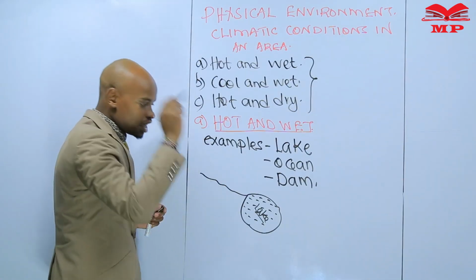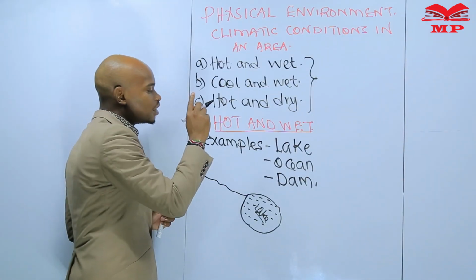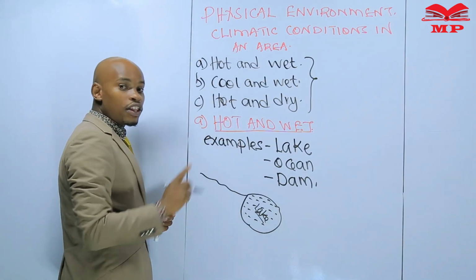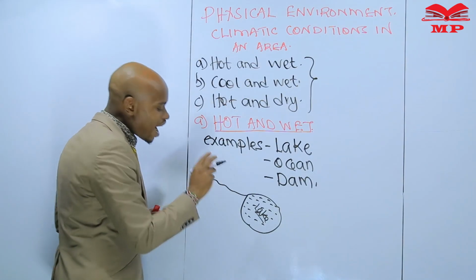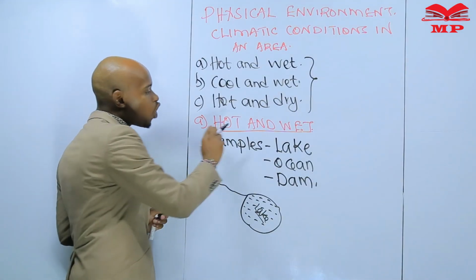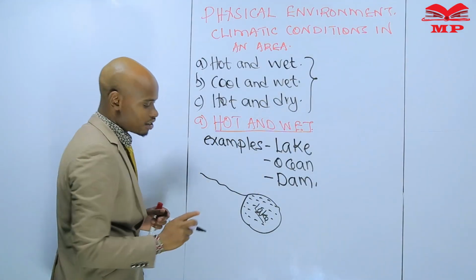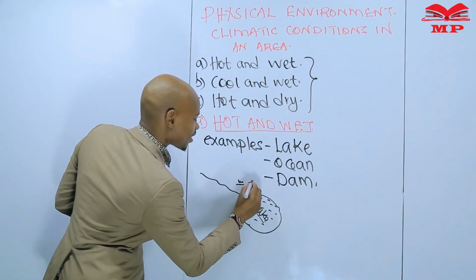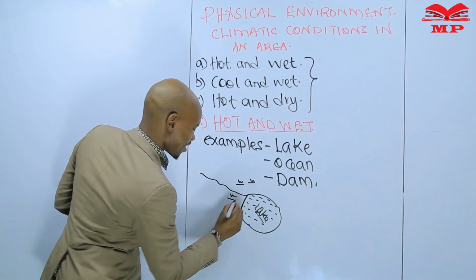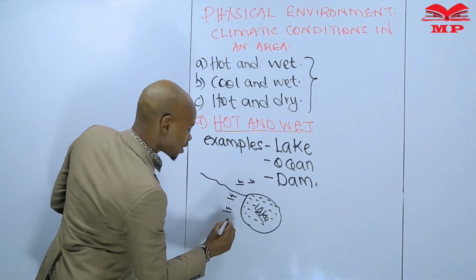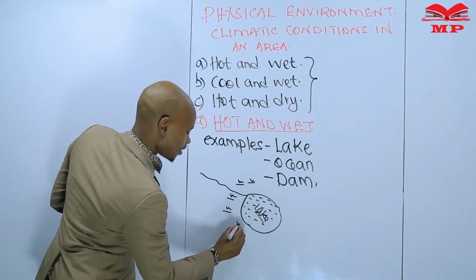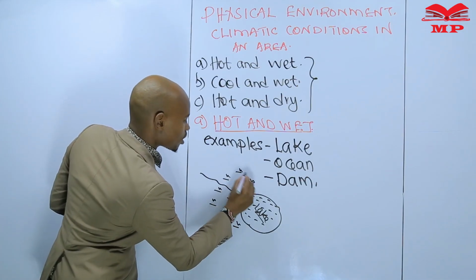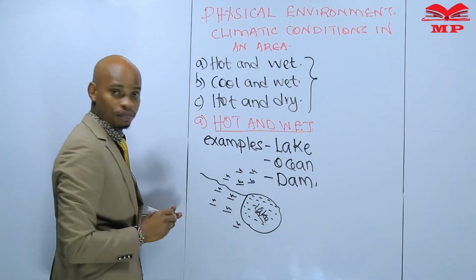But I've also said that answer can change. The only thing that can change an answer of hot and wet to something else is the presence of scrubs near the lake.